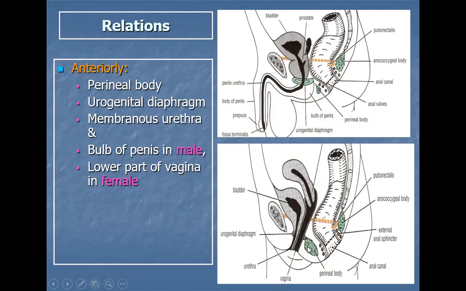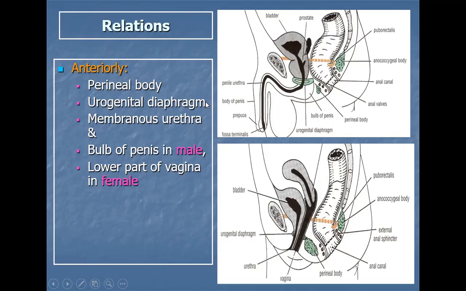That is called a perineal tear, which can lead to a prolapse of the uterus itself. So this gives strength to the perineum. If it is damaged, it leads to prolapse of the uterus and sometimes the rectum also. Anteriorly, it is related to the perineal body in both male and female.